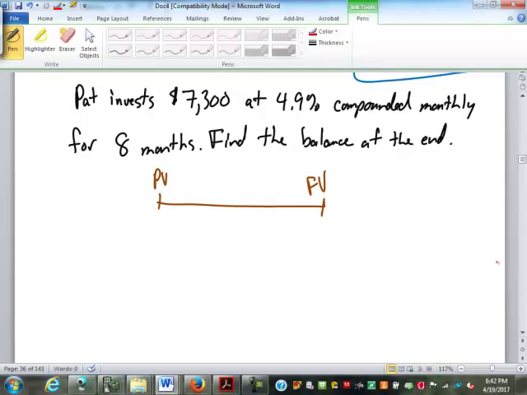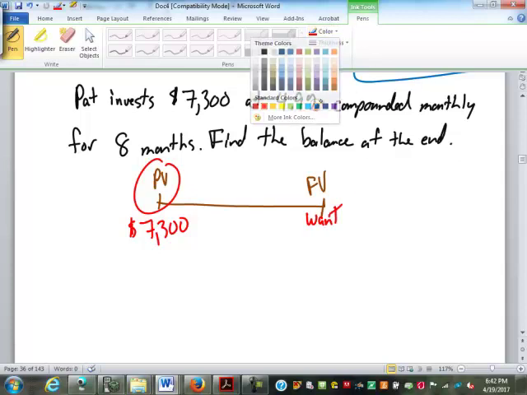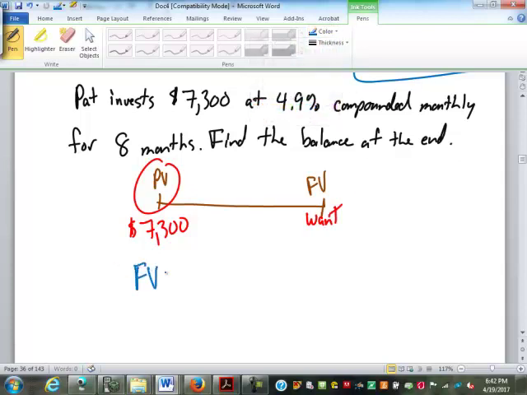Do we know the present value or the future value? We know the present value, $7,300. So we want the future value. So we start out with the 7,300 times or divide? Times 1 plus 0.049 and then compounded monthly means there are 12 periods in a year.